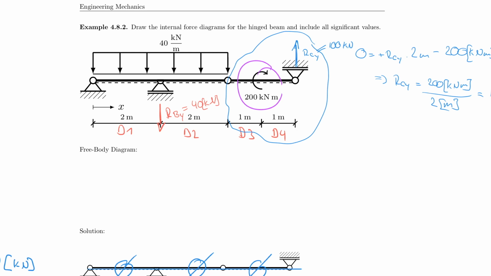But I can be okay with that here because I already checked my work. And again, this is just for showing the internal force diagram, so we're not worried about support reactions here. So RAY comes out to be 100 kilonewton.